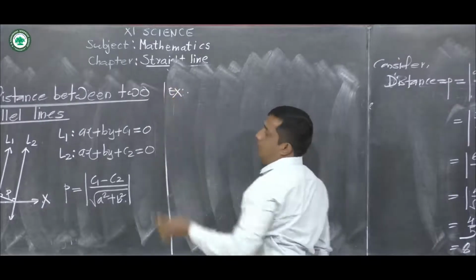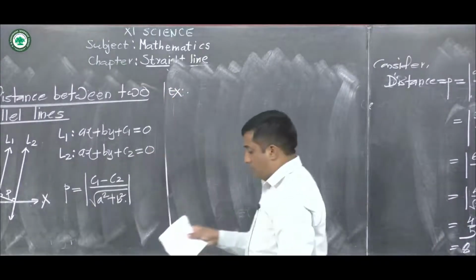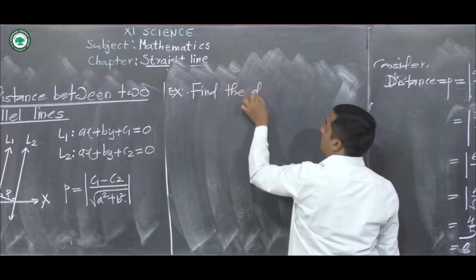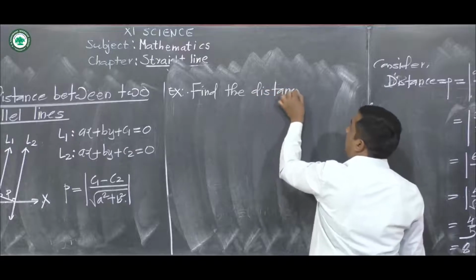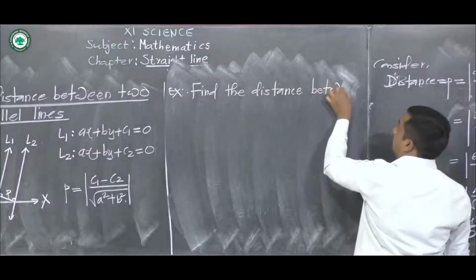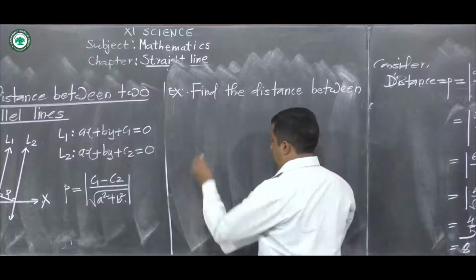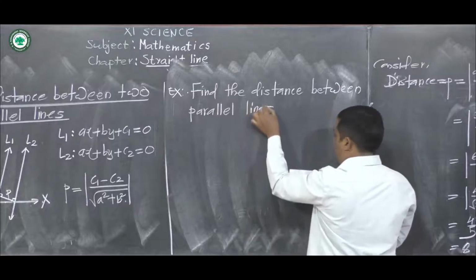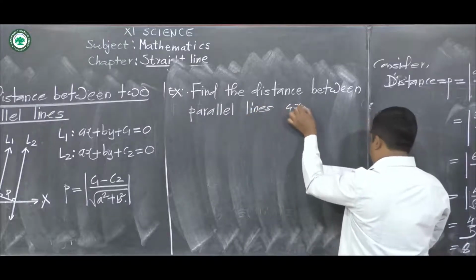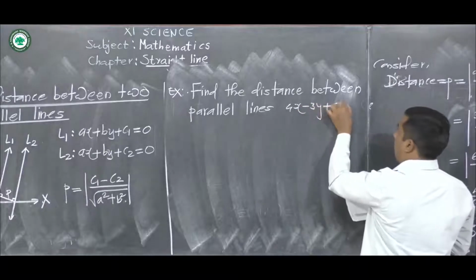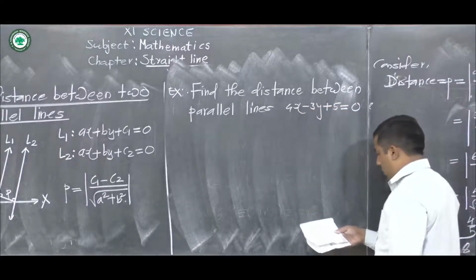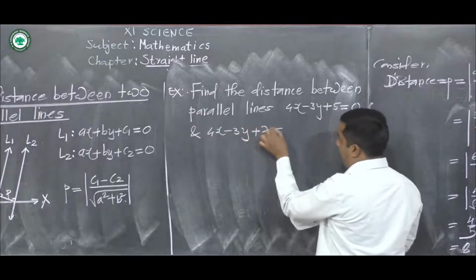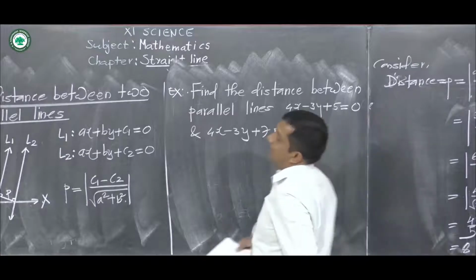Example: find the distance between the parallel lines 4x minus 3y plus 5 is equal to 0 and 4x minus 3y plus 7 is equal to 0.